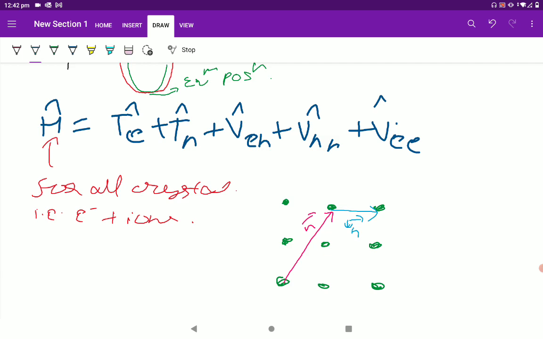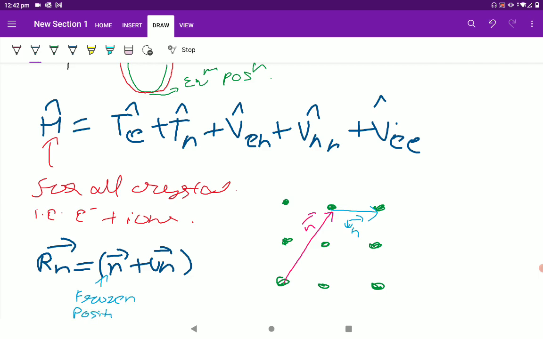So the position of the ion is given by this, which is the frozen position, and this is the displacement. This displacement can be a vibration.